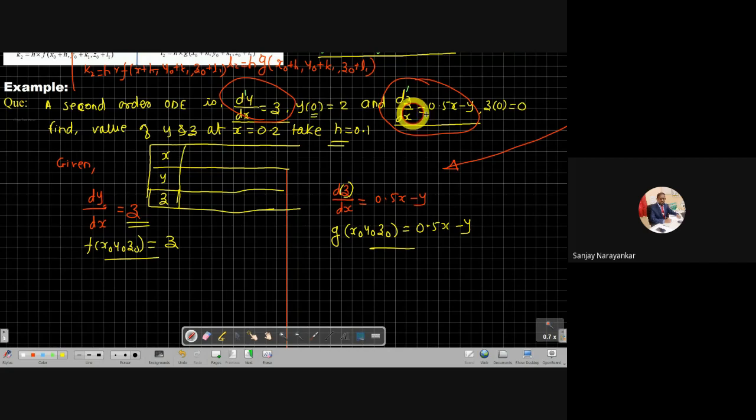At x is equal to 0, y is equal to 2. And at x is equal to 0, z is equal to 0. So these are your initial values.